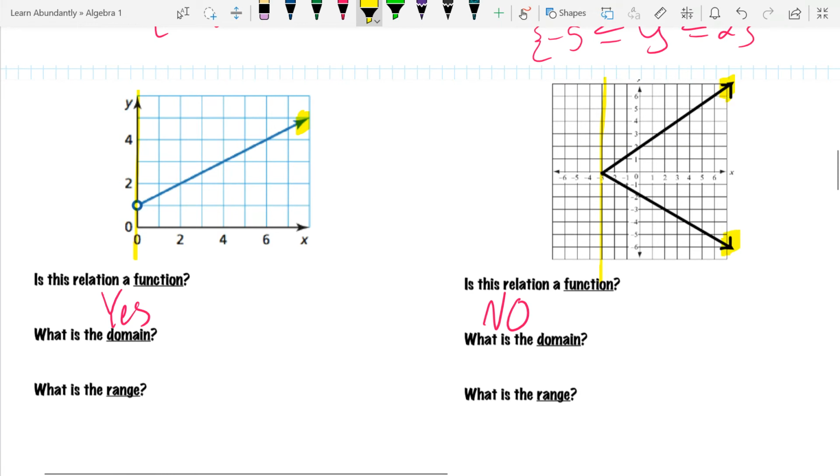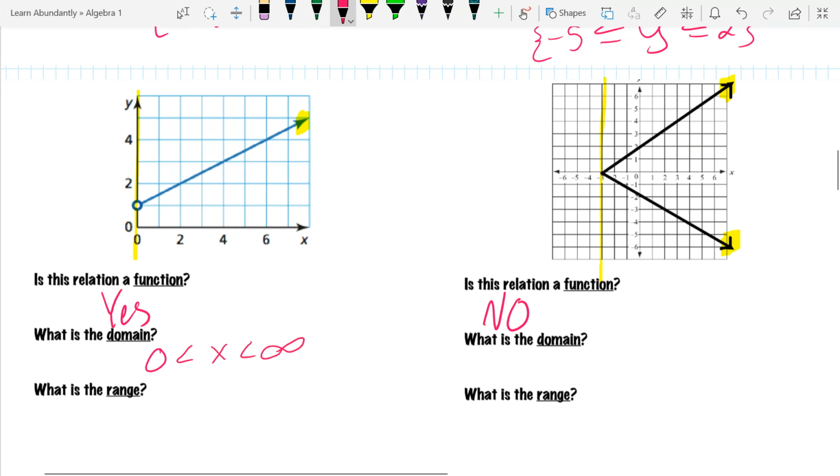That tells me that these lines don't stop at the end of this graph. They keep going literally forever. So where does this one stop? Where's the furthest right? Does it stop at 7, 8, 9, 10? No, it actually goes from 0 until it gets to infinity.